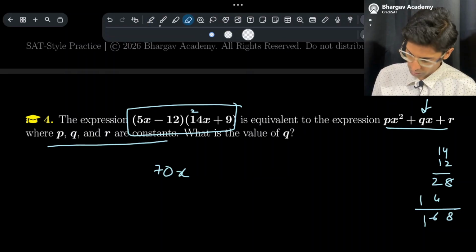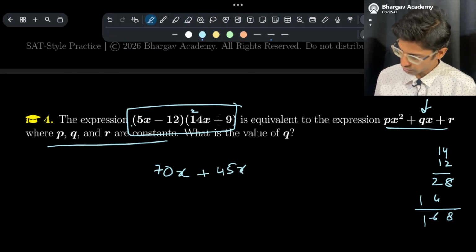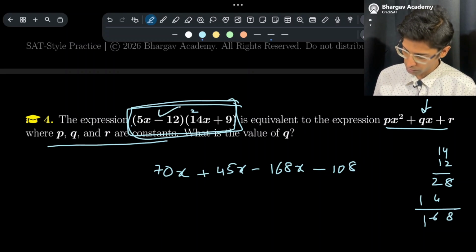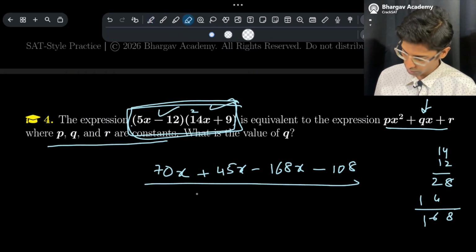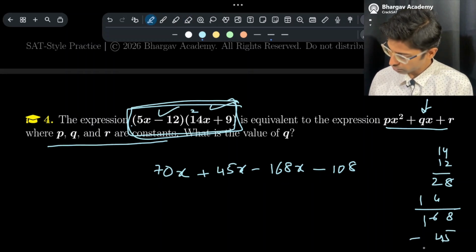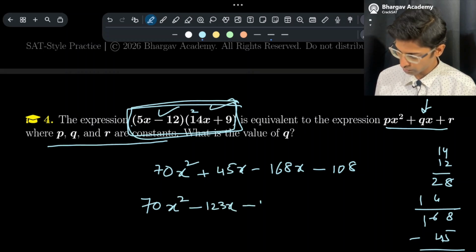Just a minute. This is 5 into 14x, this is 45x, this is 168x, and this is 108. So if I multiply these two expressions, this is what I will end up with. Now 168 minus 45 is, this is 70x square minus 123x minus 108.